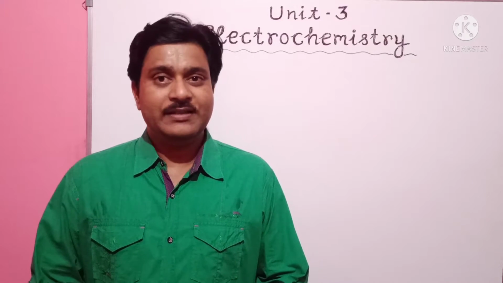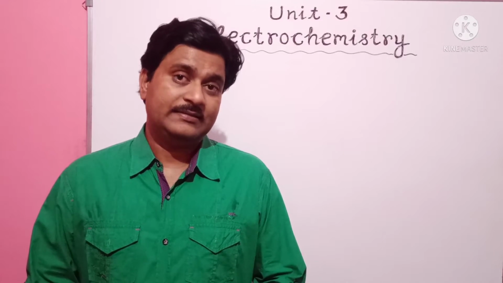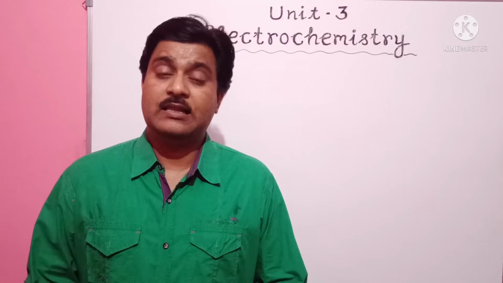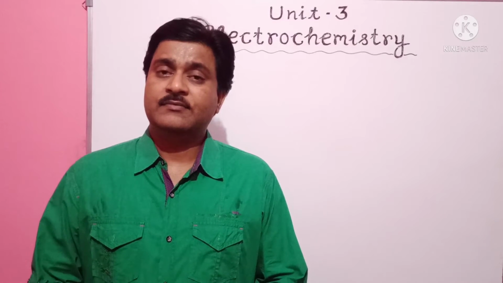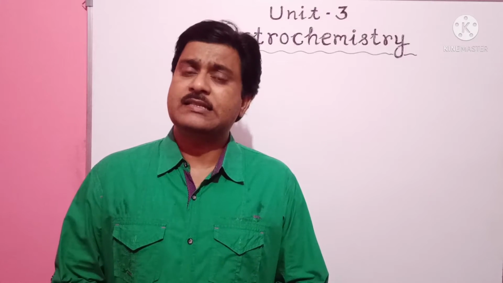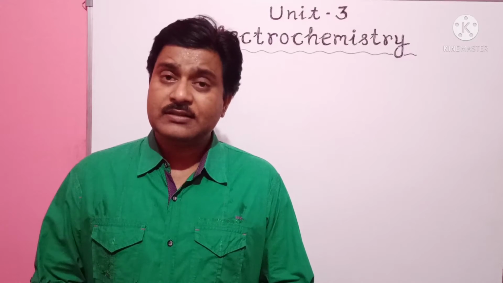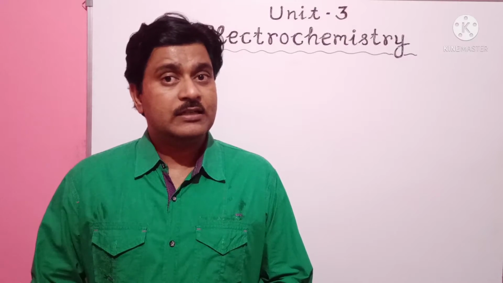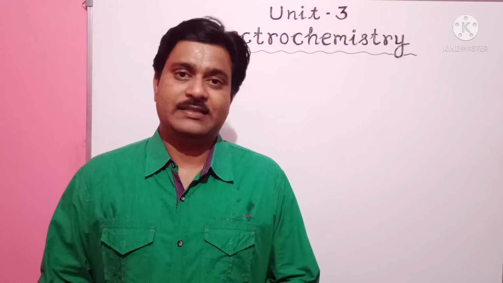Today we are going to discuss a very important topic, the galvanic cell, which is also called the voltaic cell. In today's lecture, we will discuss the construction and working of the galvanic cell along with the salt bridge.